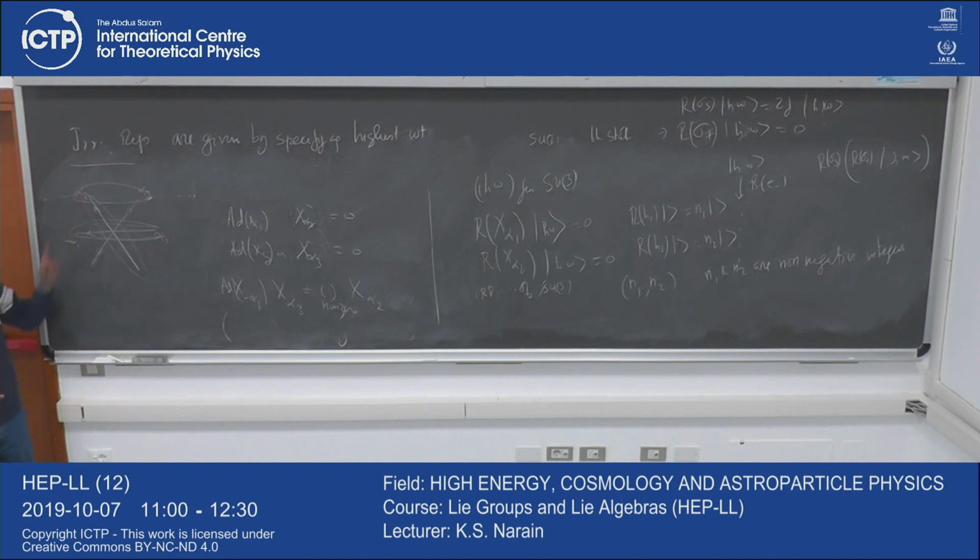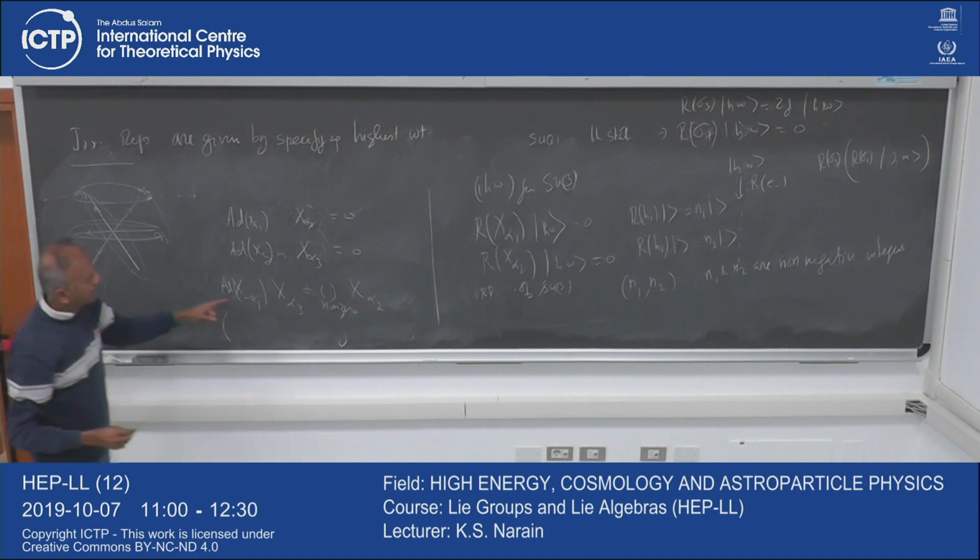What about this SU2? Again, the raising operator acting on that annihilates it. But now I apply the lowering operator, I'm going to come here, and then it stops there. So this is again a doublet.